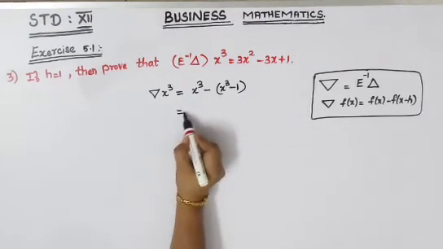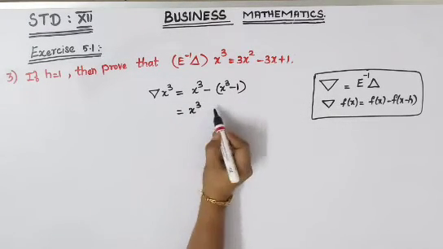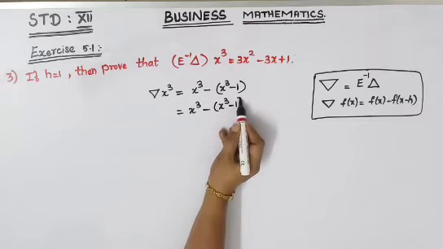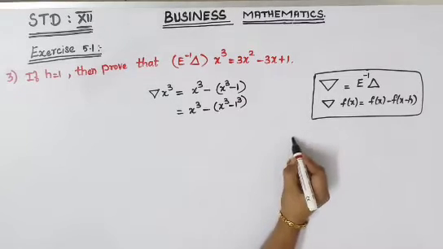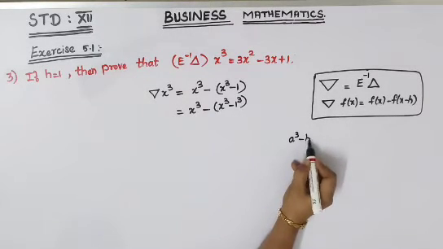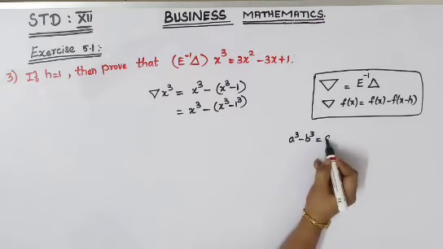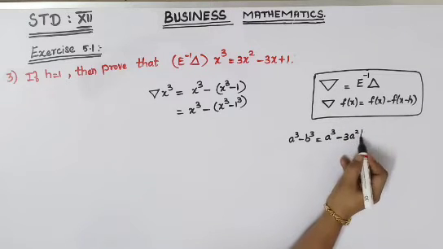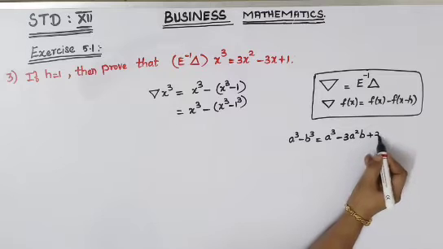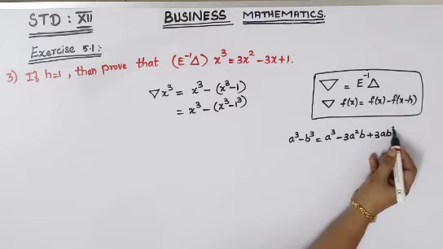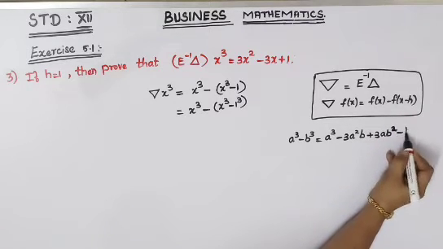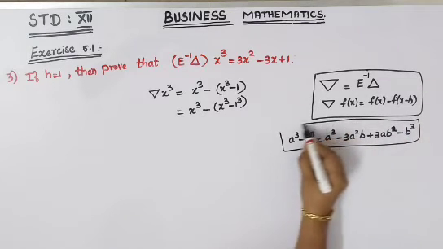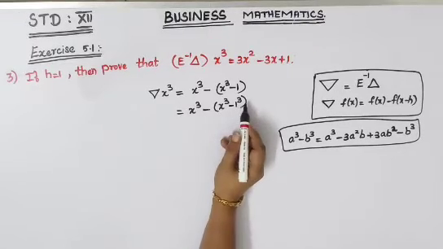So the next step is x cube minus, you can write this as x cube minus (x minus 1) cube, because we know the formula (a minus b) cube is equal to a cube minus 3a square b plus 3ab square minus b cube. So you can substitute this formula over there.